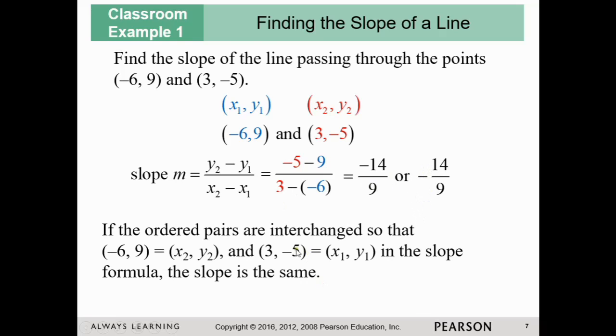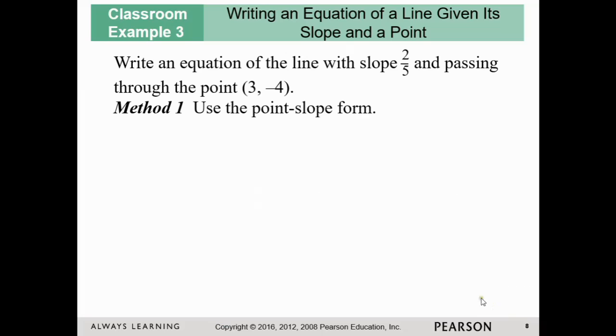And then this just has a note that we could interchange these. Notice in this case we could make this x2, y2, and this x1, y1. As long as we keep them lined up in the correct way and making sure that your y component is over your x component, as we have here, then everything should work out fine.